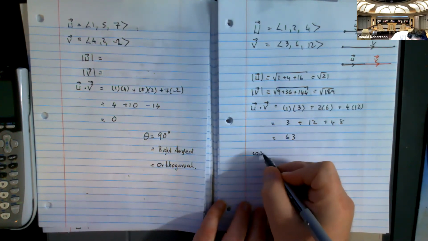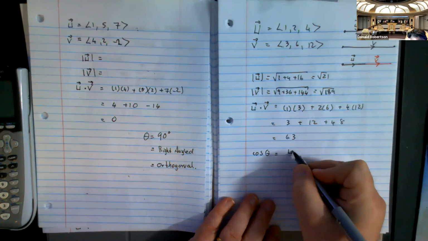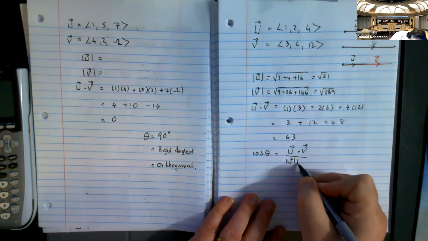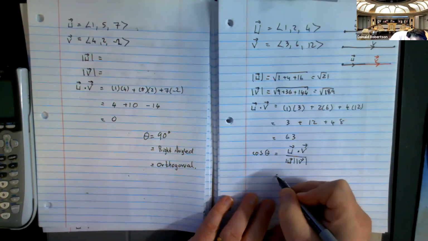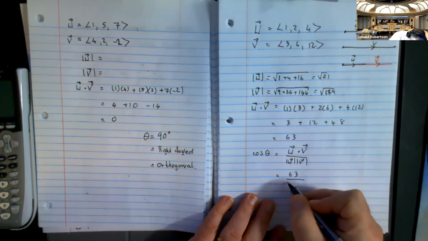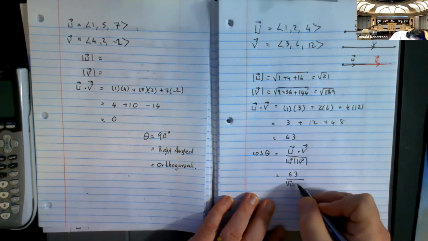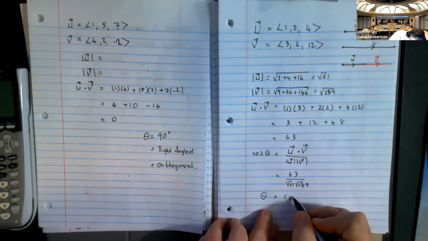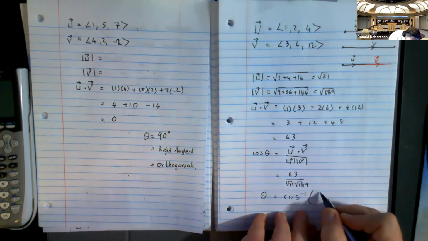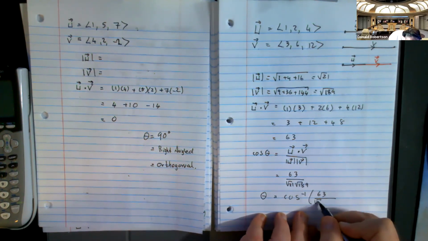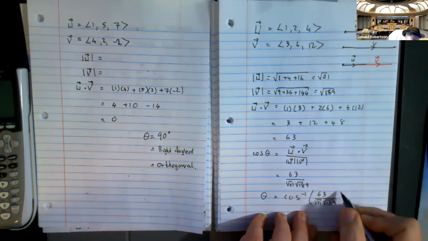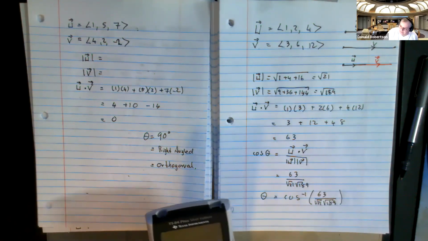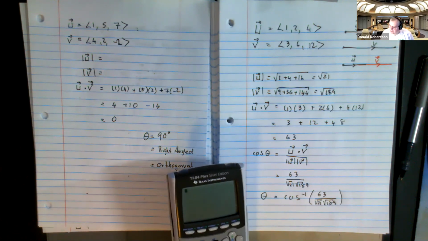So the cosine of theta, which is the dot product divided by the magnitudes, is going to be 63 divided by those two ugly guys, and theta is going to be the inverse cosine of 63 divided by those two guys. I want to get 0. Agreed? That's what we should get.